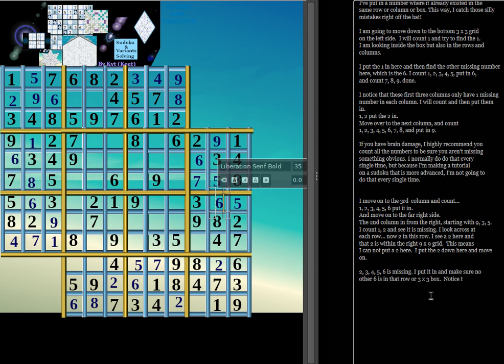Notice that this 3 is in the left 9 by 9 grid, but not in the right 9 by 9 grid. So that 3 does not violate rules here, which is why we can put our 3 here.